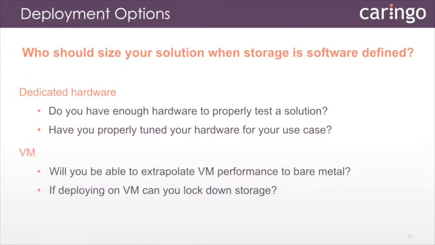From a VM perspective, the optimal way to run this is on dedicated hardware. You can run a lot of storage solutions on VMs. If you start your tests on a VM and you're ultimately going to go to bare metal or install on bare metal, you make sure that you can extrapolate VM performance.